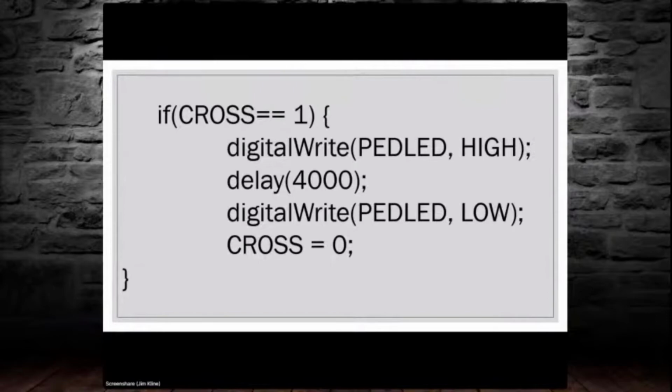The actions taken by the sketch from that point are: turn the PED LED on, delay for 4 seconds, turn the PED LED off, and clear out the variable cross for the next button push. This new code will be placed in the delayed green section of the code. Keep in mind that there are 2 places in the sketch where delayed green is active.